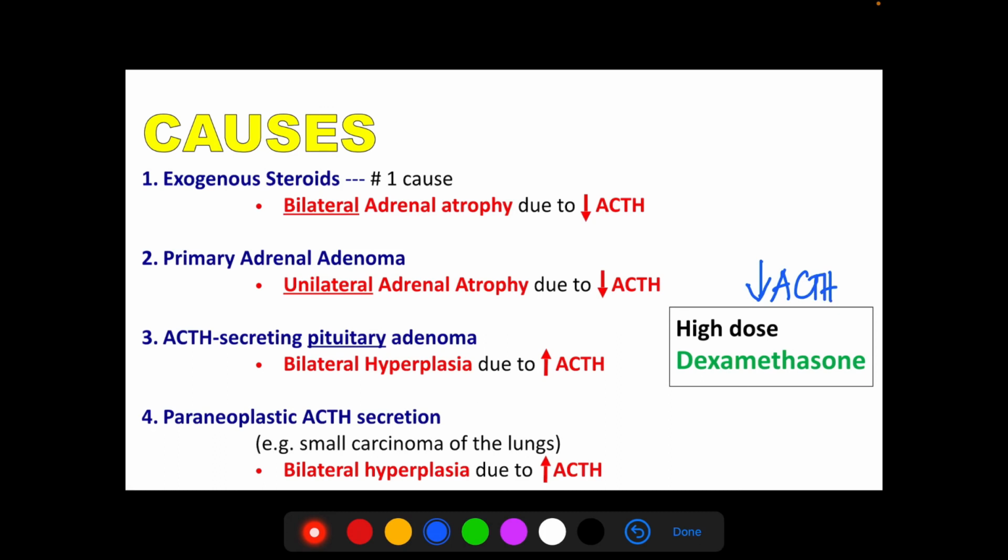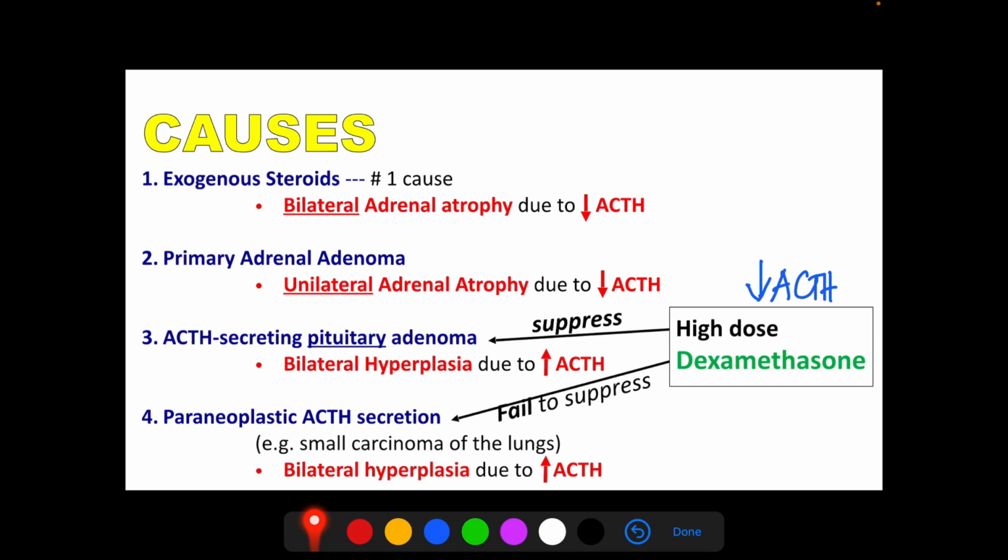Based on what I have said, which of the two conditions will be suppressed by this dexamethasone? It's the ACTH secreting pituitary adenoma that will be suppressed by dexamethasone.